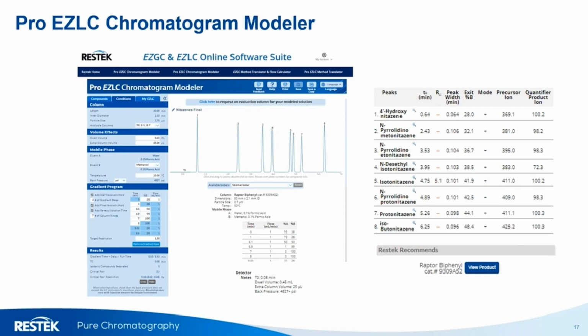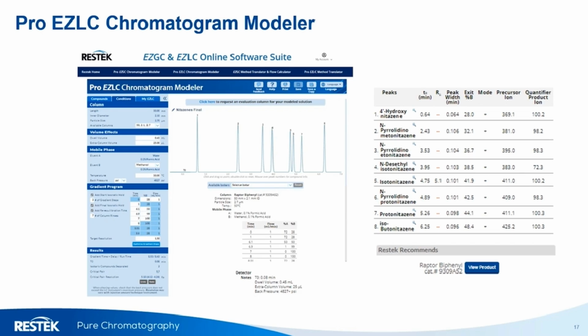For the purposes of demonstration, I'm going to be utilizing the ProEasy LC chromatogram modeler for the examples of chromatography. The ProEasy LC chromatogram modeler is a free tool that's available for use on restech.com that is a virtual chromatography modeling tool.